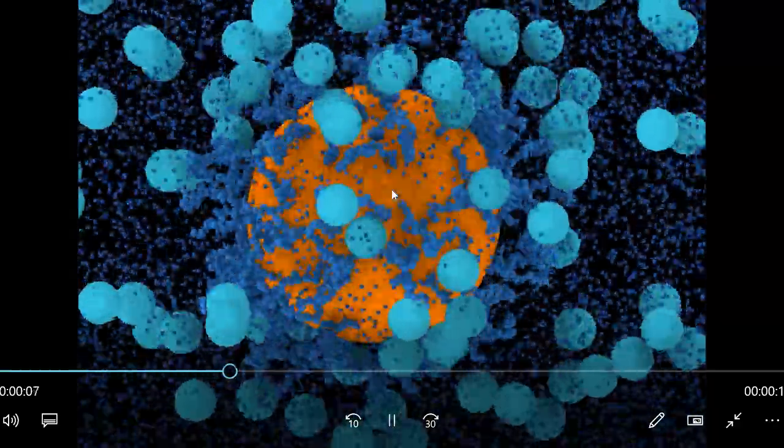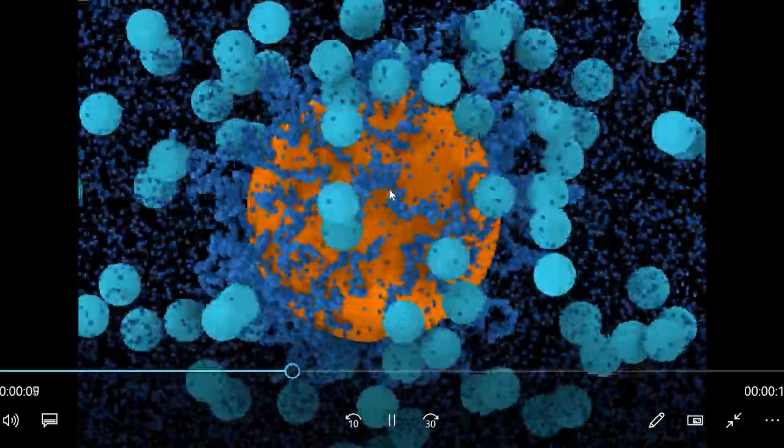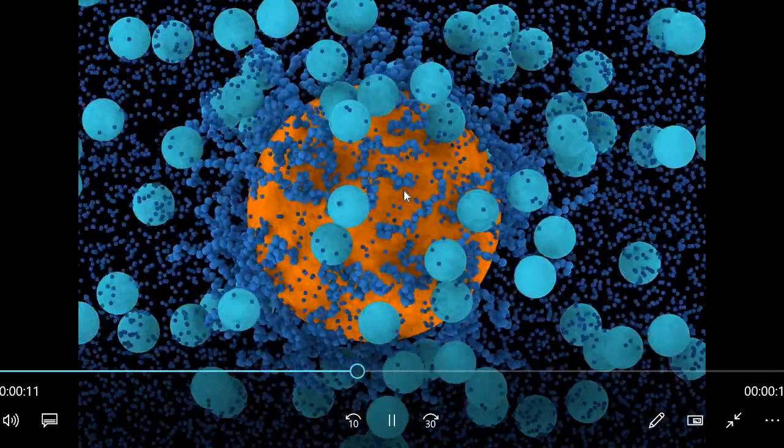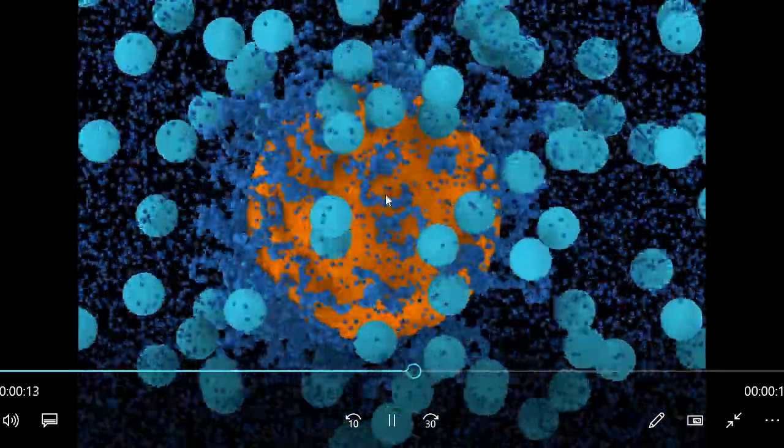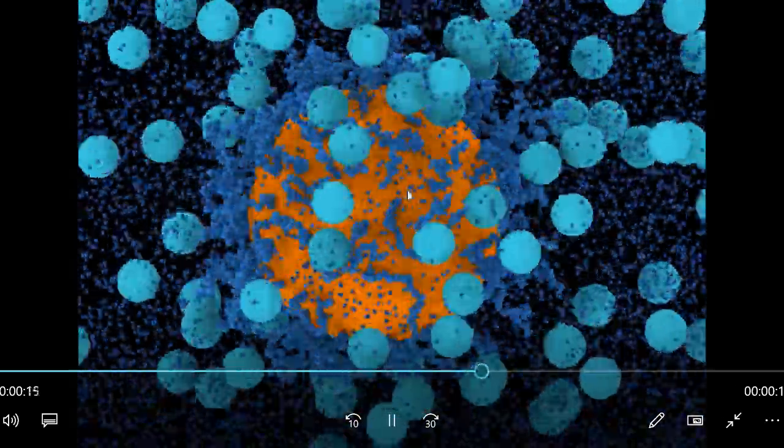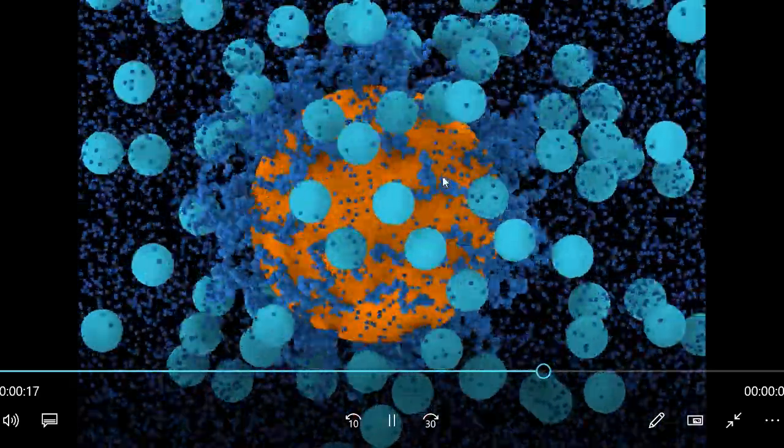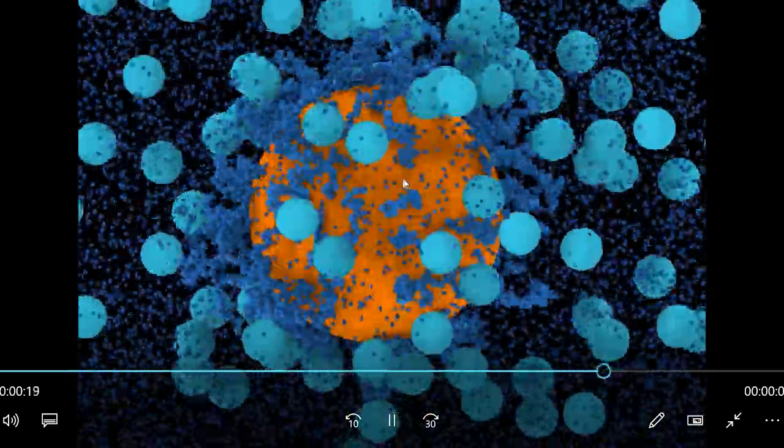First, the characteristic diffusive time, that is the time the colloidal particle takes to move half its diameter.